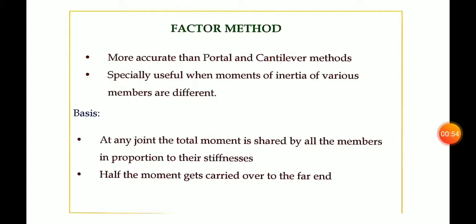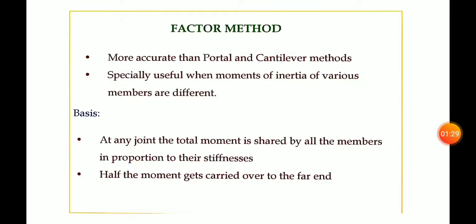The basis of the factor method is: at any joint the total moment is shared by all the members in proportion to their stiffness. We know stiffness is K, which is force upon deflection. And second, half of the moment gets carried over to the far end.